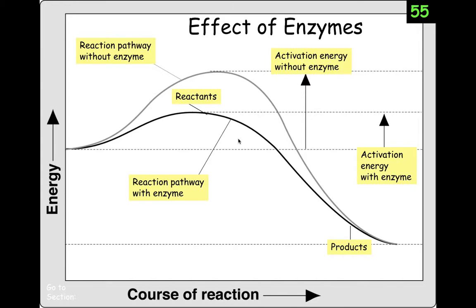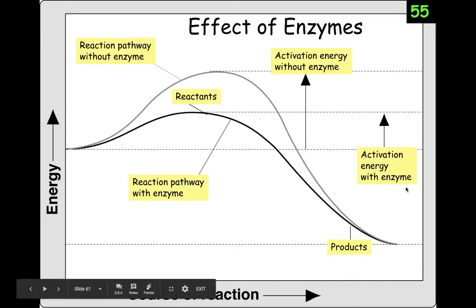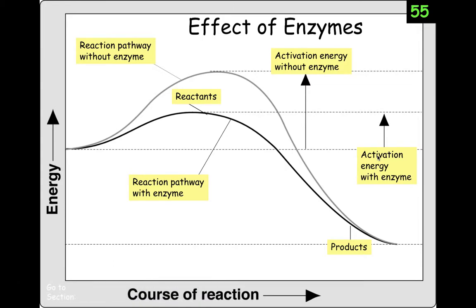All chemical reactions need a certain amount of energy to get them started. This kind of chemical reaction is an exothermic reaction in that it's going to release energy, probably in the form of heat. But you can see without the enzyme, it requires a lot more energy to get started than with the enzyme.